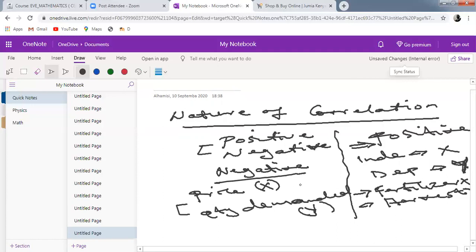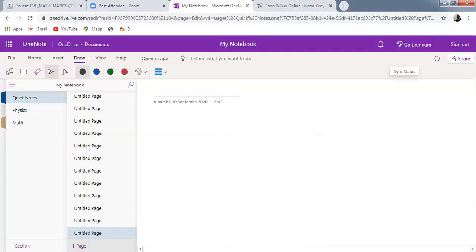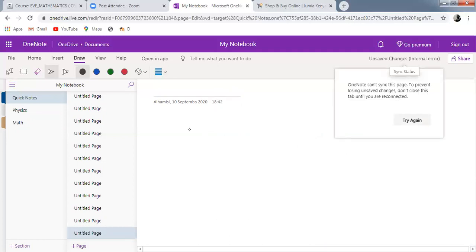So you take this one upwards, then this one goes downward. Then you have a negative kind of correlation. The relationship between these two is said to be negative, where one is increasing, the other one is decreasing. After having said the nature of correlation, allow me also to mention the correlation coefficient now.